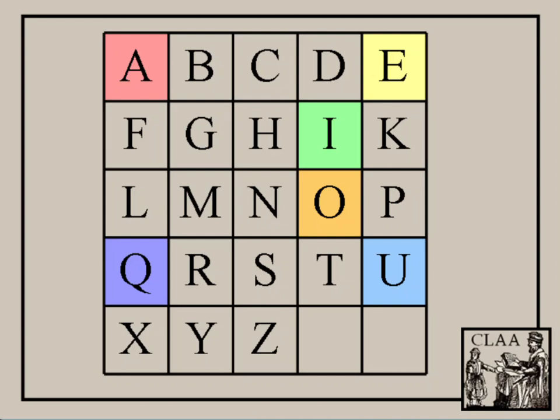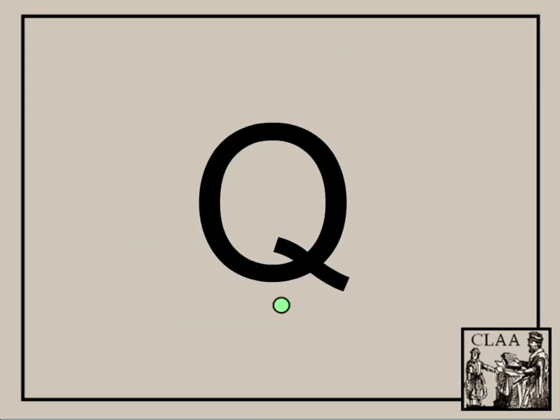Find the letter Q in the dark blue box and look at it carefully. This is the consonant Q. Point to the green dot on your screen and look carefully at this consonant.